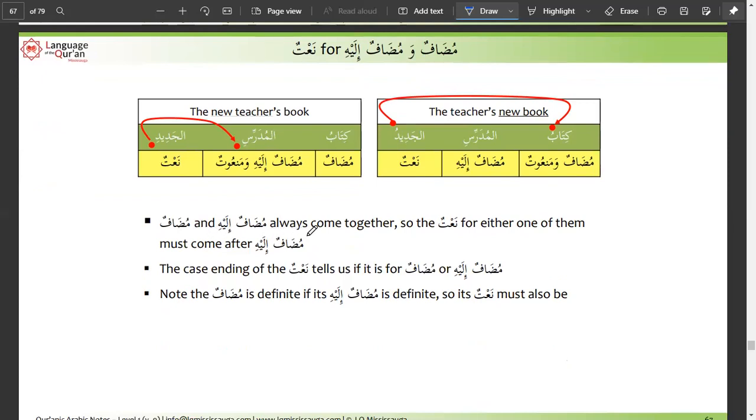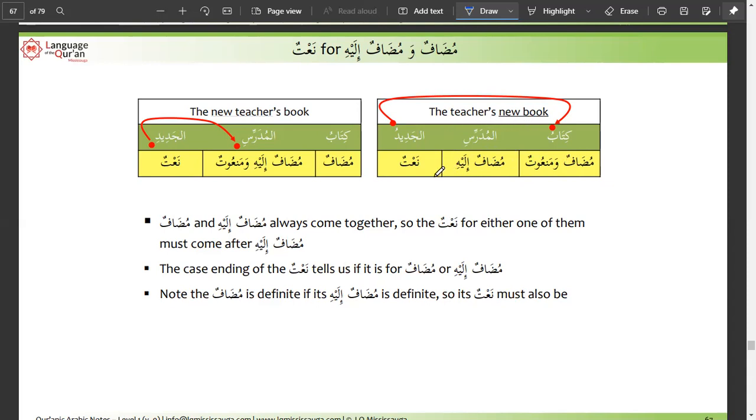Mudaf and mudaf ilay always come together, so the naat of either one of them must come after the mudaf ilay. Kitabul Mudarrisil Jadidu: the teacher's new book.